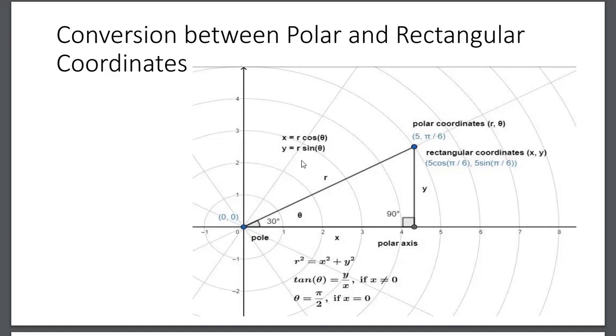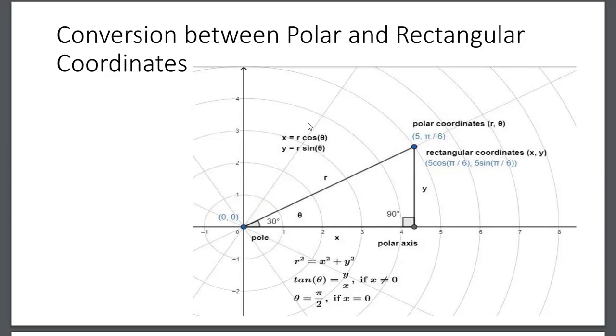And here's the relationship. The x is equal to r times the cosine of theta. And that's because the cosine of theta is defined to be x over r. And the y is r times the sine of theta.